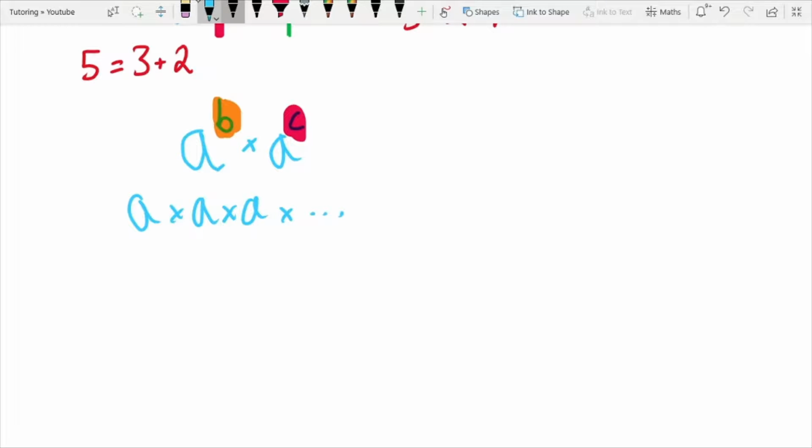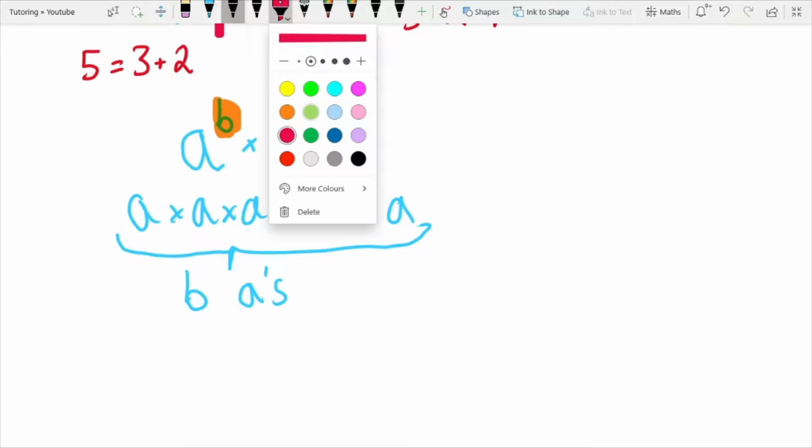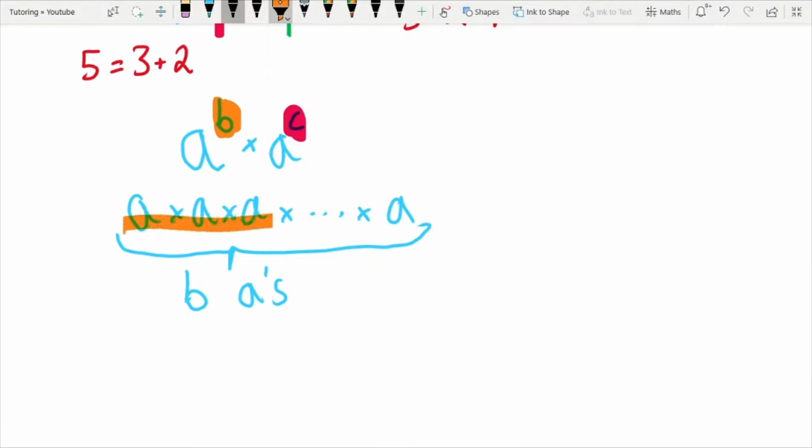Well, it's A to the B, so there are B A's here. There is B lots of A multiplied together. And we know there is B, and we can remember this B by highlighting this in orange here. So there is A times A times A, B times there.